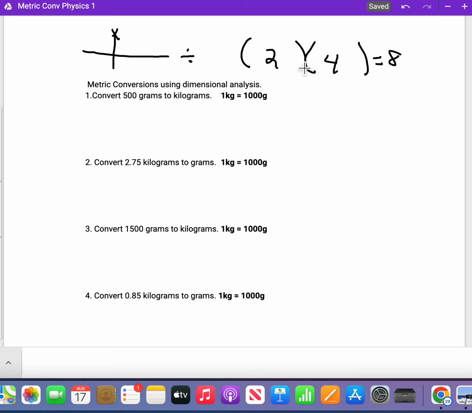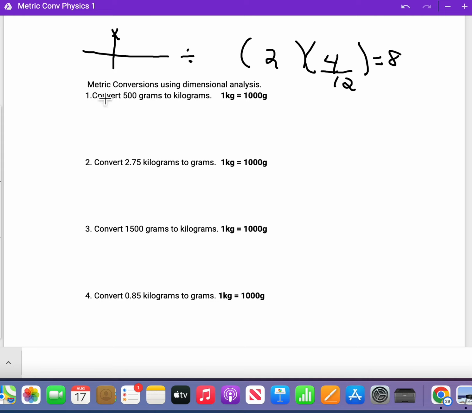But if you had 2 over 4 over 12, you would have to take 2 times 4 and then divide by 12. This is just a faster way of drawing this. So you'll see how I do it here.